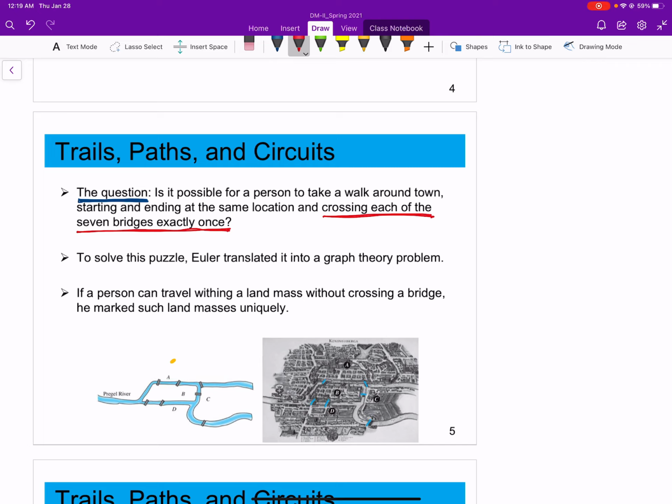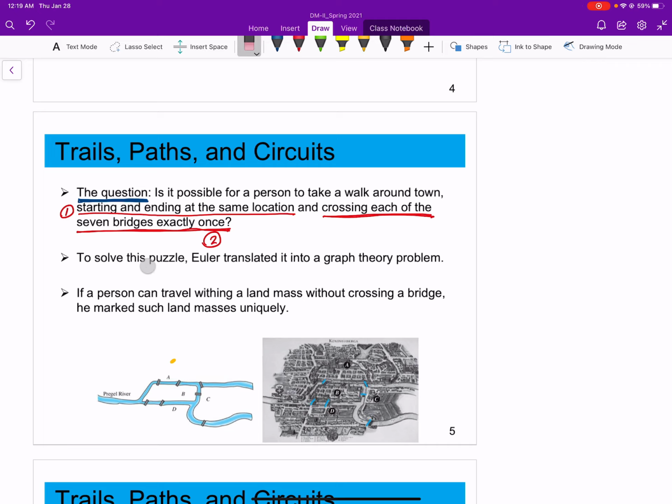And then start and end at the same location. There's another constraint. Okay, so these are the 2 constraints: constraint number 1, constraint number 2. All right, so you have to walk around the city with these 2 constraints.